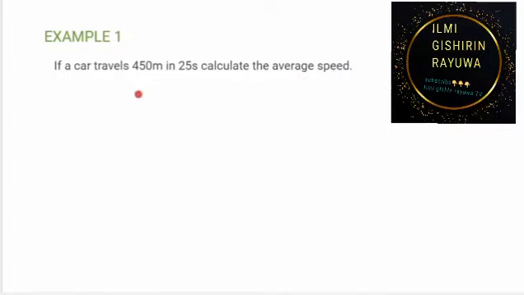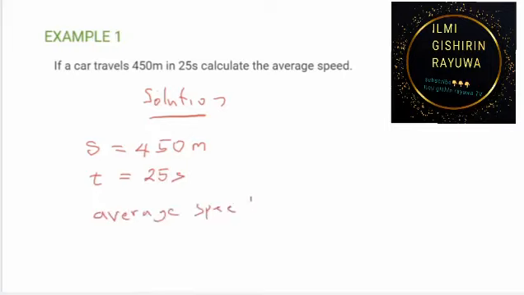So the average speed will be equal to the total distance S over the time. We'll just do substitution, 450 divided by 25. That gives us the average speed as 18 meters per second. So average speed V equals 18 meters per second.